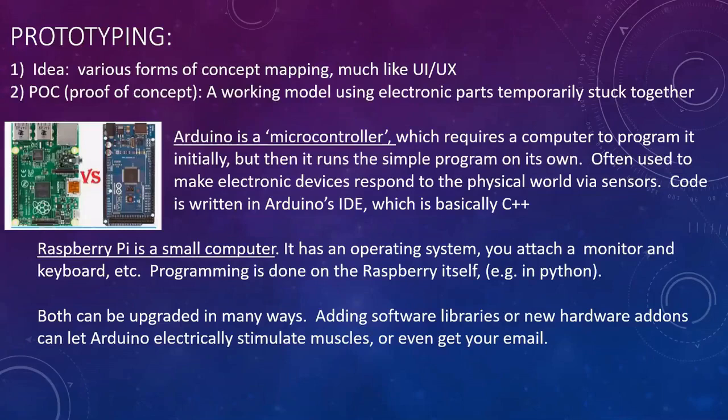So just like with software, whether you're designing an app or a physical device, it doesn't matter. You have to start with the most basic idea, and that basic idea has to have value. The way that you figure out if an idea ultimately has value is by doing a lot of customer research.